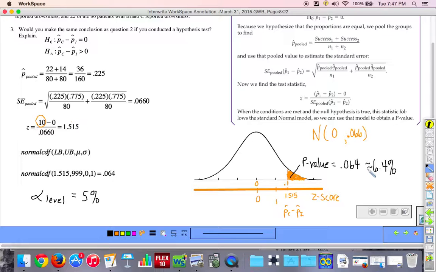Therefore, we fail to reject the null, and we could say there is no evidence to support the suggestion that brand I reduces drowsiness more than brand C. Or you could say we failed to reject the null hypothesis. Therefore, there is evidence to suggest that there is no difference in the drowsiness between brand I and brand C.